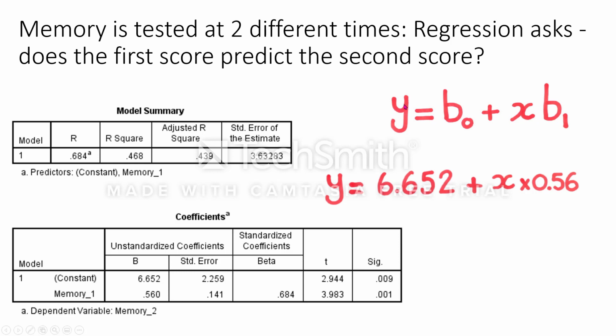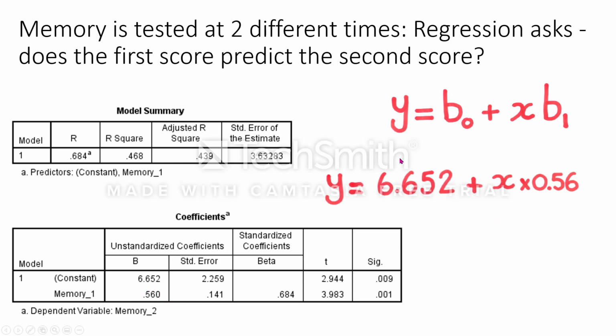And what the regression analysis is showing us is that we can predict y if we take this constant here, 6.652, and then we add that to our value of x that we've obtained, and we multiply that by this coefficient here.